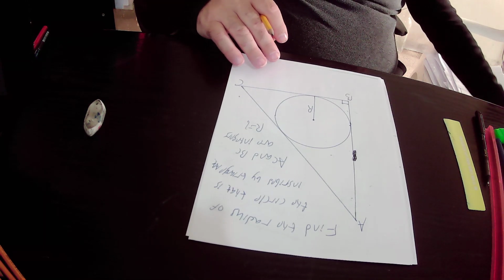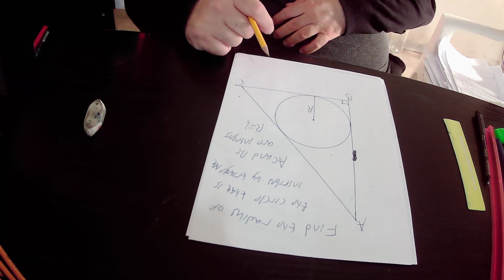we'll take triangle ABC that is a right triangle.